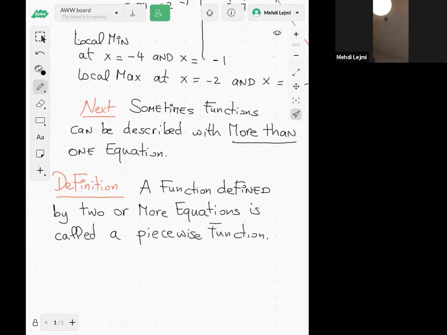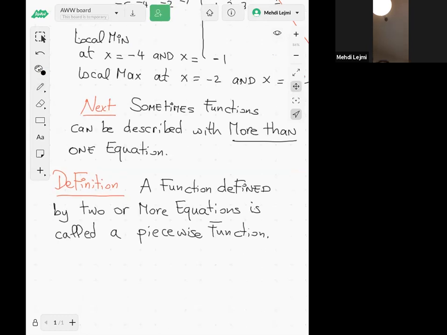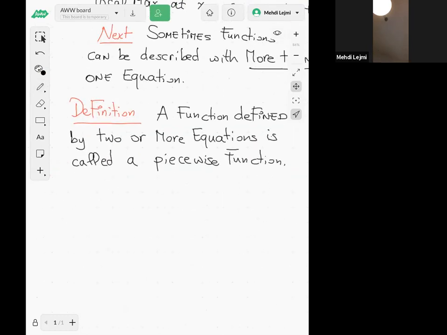So let me give you an example. What do I mean by a function described by two or more equations? How do we define such functions?